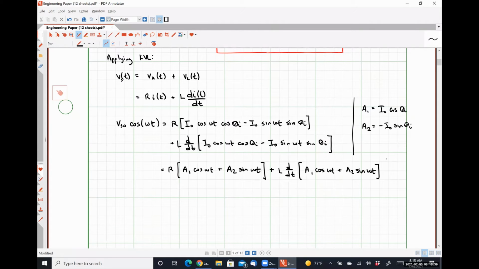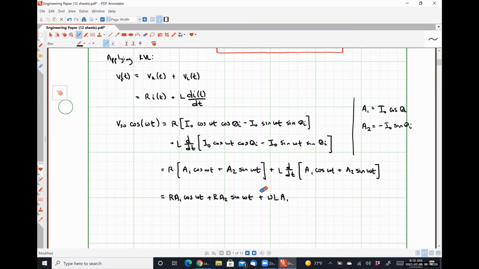Now I'm going to do the indicated derivative. And so this is going to give me R A1 cosine omega t plus R A2 sine omega t plus omega L A1, so let's see here, actually.